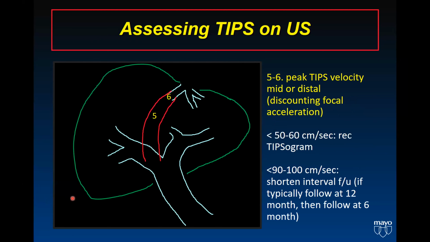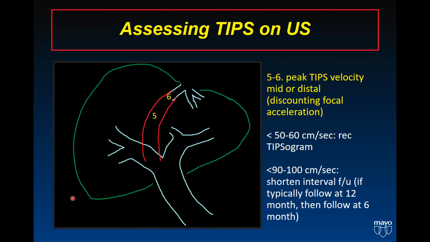All right, and then the peak systolic velocity within the TIPS is another factor, and we'd like it to be over 90 to 100 centimeters per second. If it's less than 90 to 100 centimeters per second, we'll get a follow-up TIPS ultrasound study in less of an interval than we ordinarily would have done.